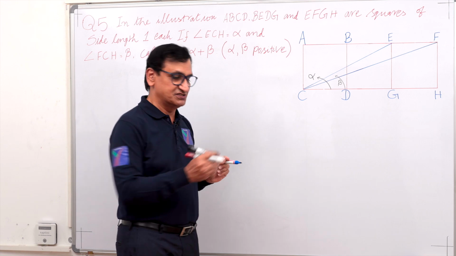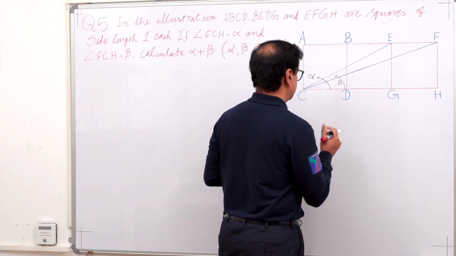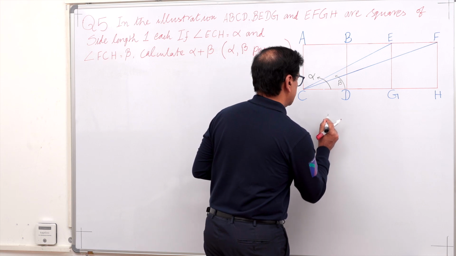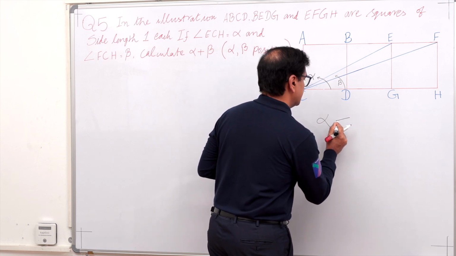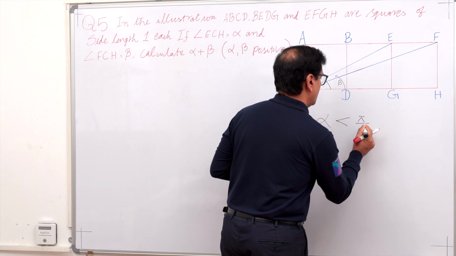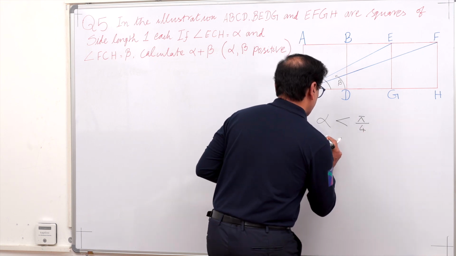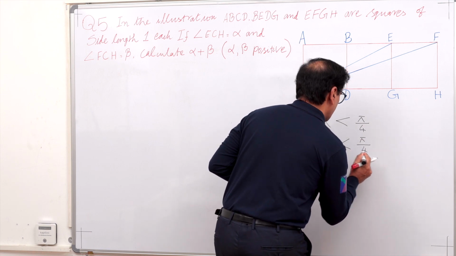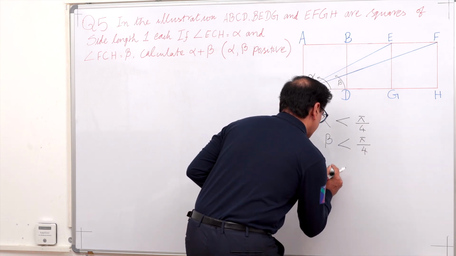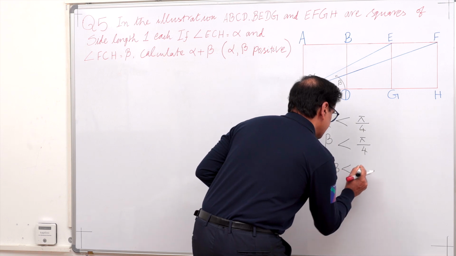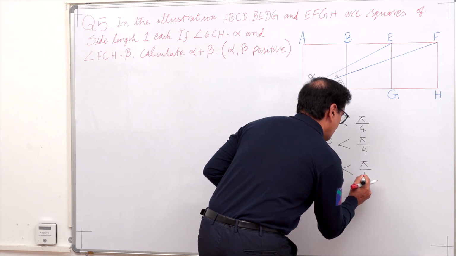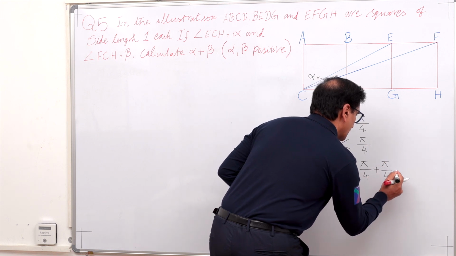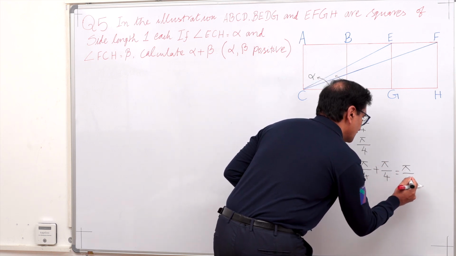Let's write down the condition. Alpha is less than pi by 4. Beta is also less than pi by 4. Therefore, alpha plus beta is less than pi by 4 plus pi by 4 equals pi by 2.